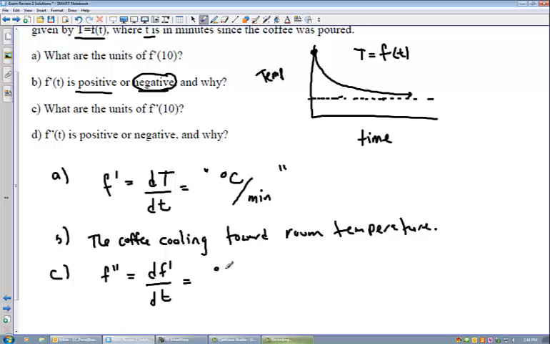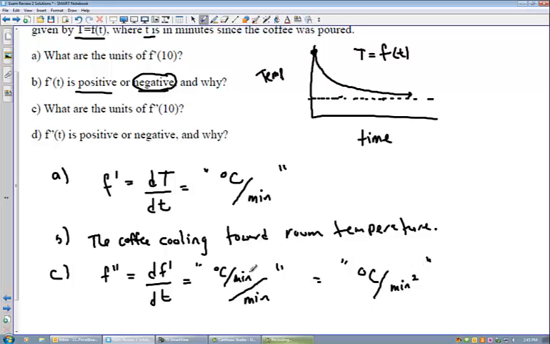We already talked about it, its units are degrees Celsius per minute, and then dt, of course, is in minutes, so it's degrees Celsius per minute per minute. It tells you how the rate of change is changing each minute. You could also write this as degrees Celsius per minute squared if you want. It means the same thing.